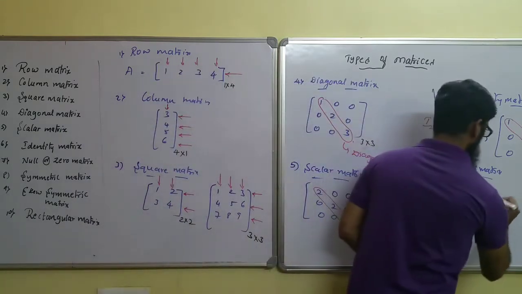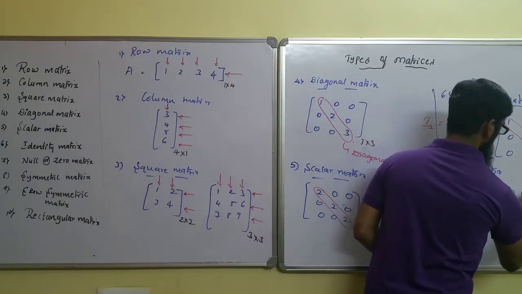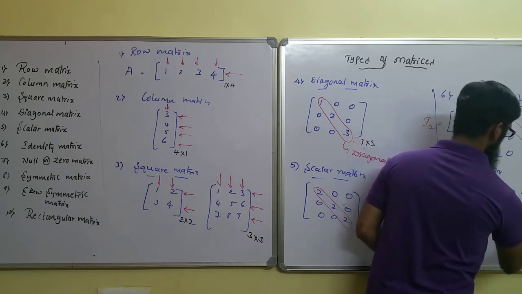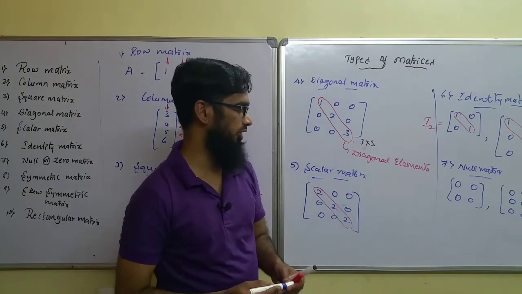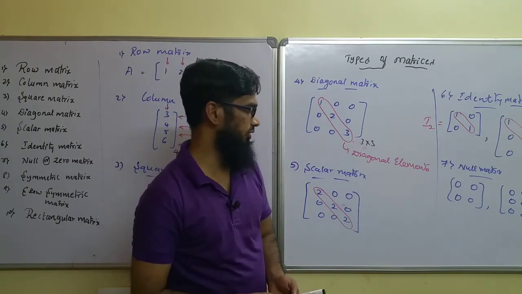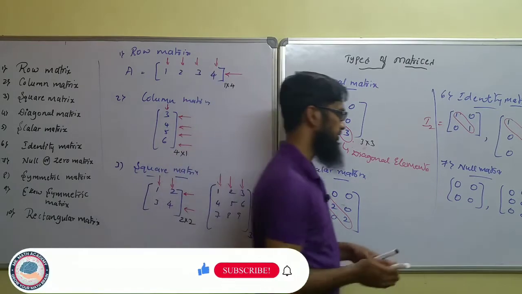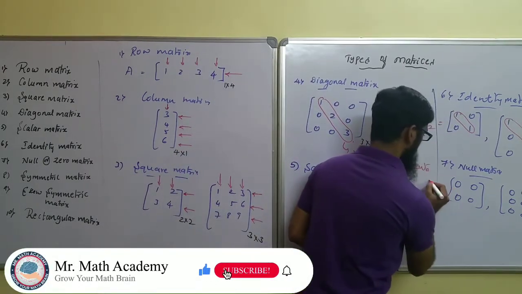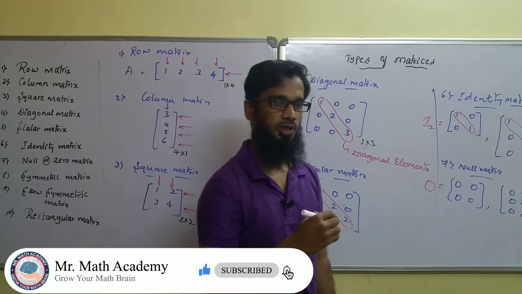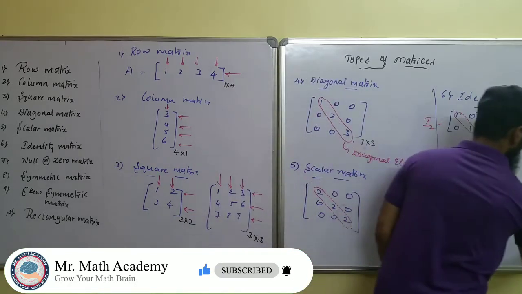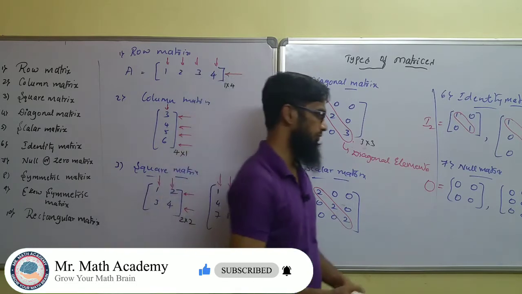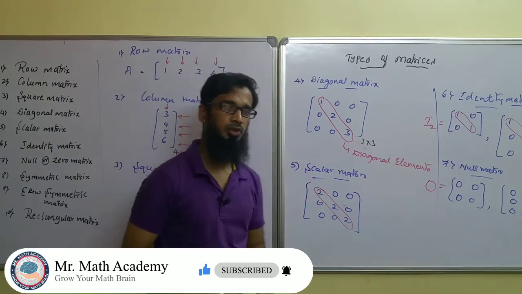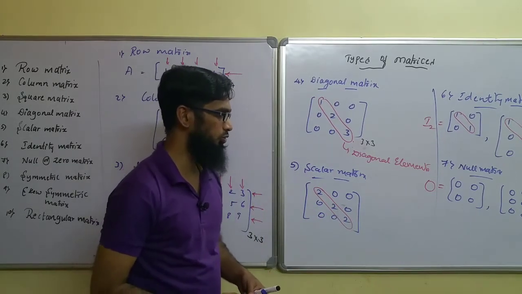Similarly, for the 3 cross 3 matrix, all the elements should be zeros. This is called a null matrix of order 3 cross 3. For the general representation, a null matrix can be represented by the capital letter O.